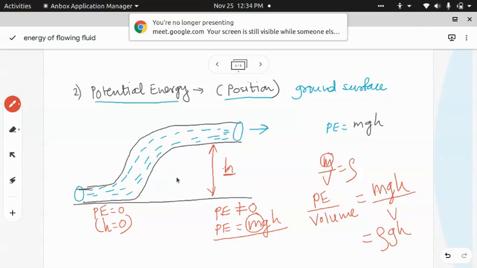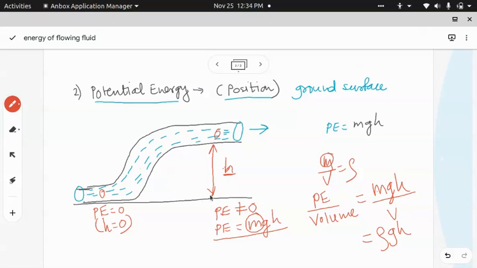At every position, at this point the density will be rho, at this point also the density will be rho. So you do not need to determine the mass of a liquid. Directly you can put the value of rho, multiplied by g and multiplied again by h, so you will get potential energy per unit volume.